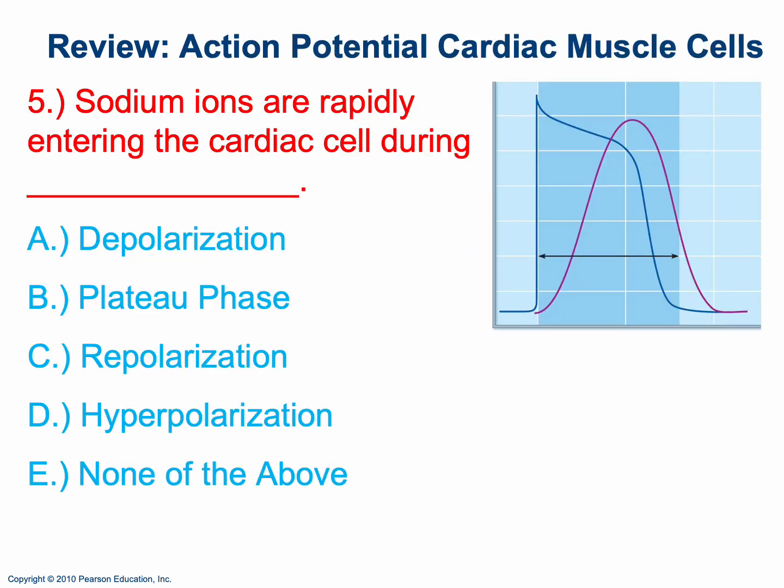Number 5 for review. Looking now at the action potential of the contractile cardiac muscle cell graph here. Sodium ions are rapidly entering the cardiac cell during which stage? What stage would that be?